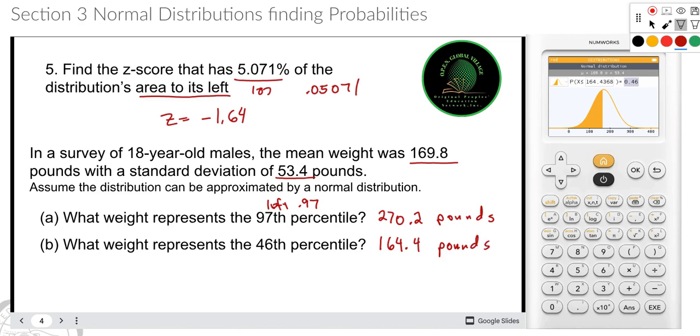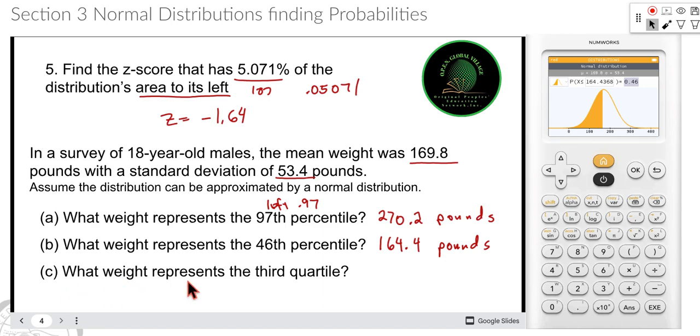And then the last question here: what weight represents the third quartile? So they're kind of switching here, so not percentile, a third quartile. Remember, a quartile is divided into 4 pieces, or 25%, so if there's 3 of them, what we're going to be looking up is 0.75. 75% is below. So again, we come over here, all we've got to do is change this 0.46 to 0.75.